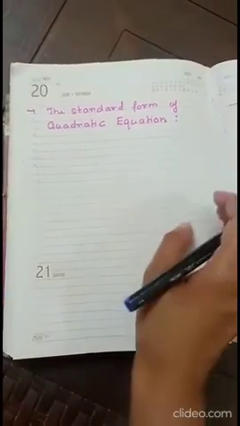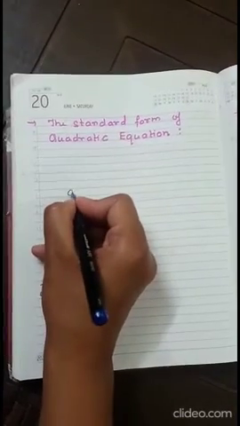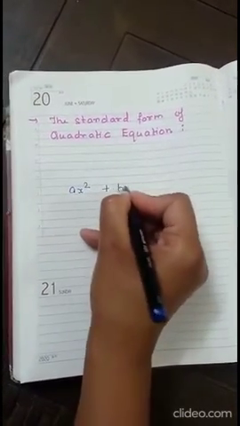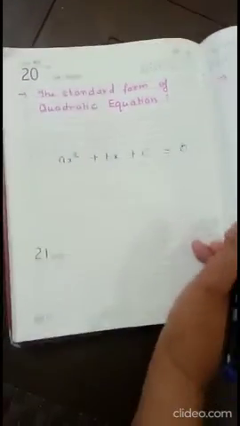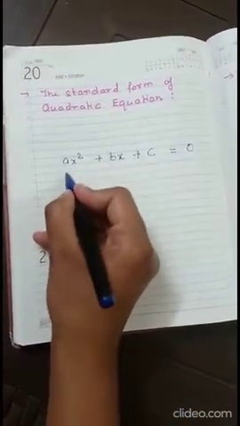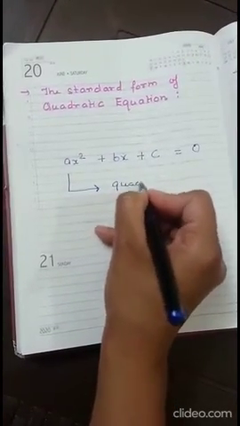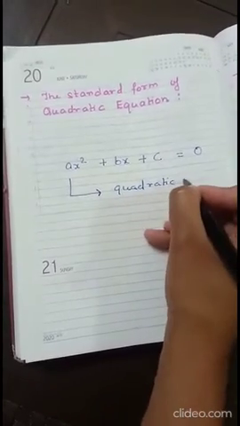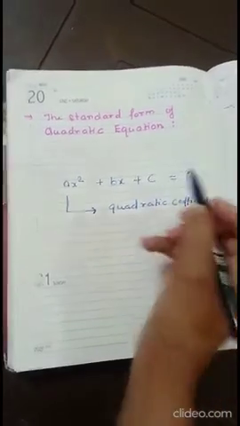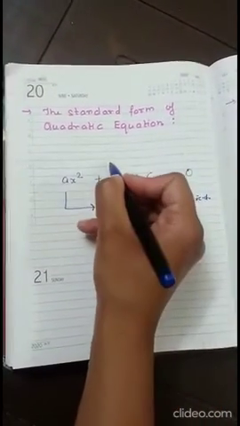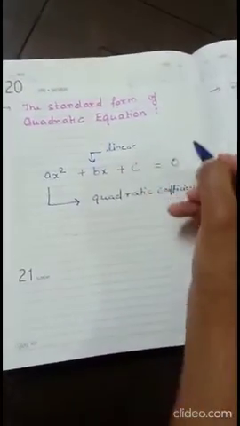Now, what is the standard form of quadratic equation? The standard form of quadratic equation is ax square plus bx plus c equals to 0, where the coefficient of x square, that is a, is known as quadratic coefficient, and the coefficient of x, that is b, is known as linear coefficient.